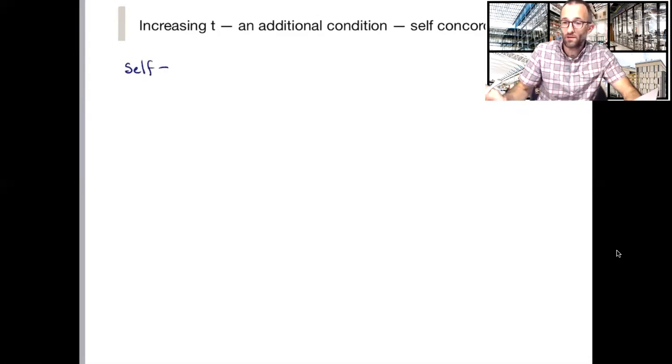We've talked about self-concordant functions. The next definition is of a self-concordant barrier.